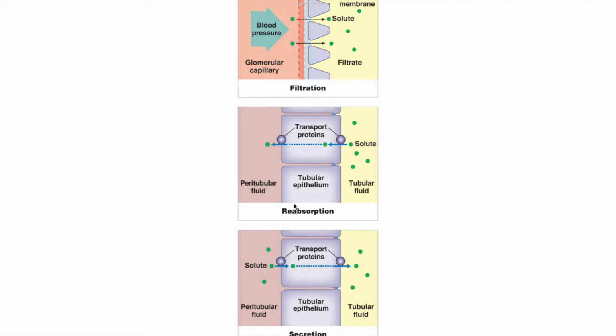Then we have reabsorption, where water and solutes are removed from the tubular fluid into the blood, so we reabsorb the good things. And then secretion, we secrete solutes from the blood into the tubular fluid, so things that are bad or things that we have too much of, we can secrete them from the blood into the filtrate, and then we'll get rid of it.